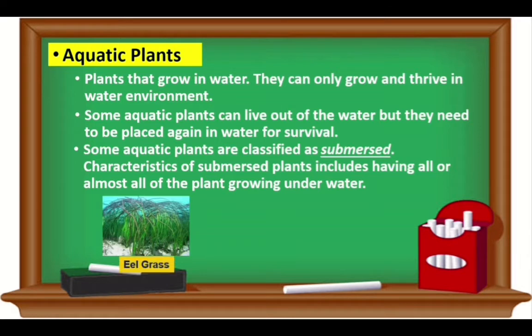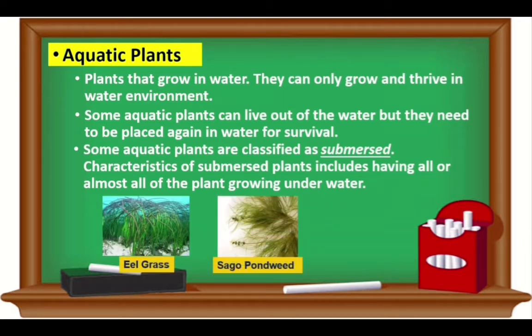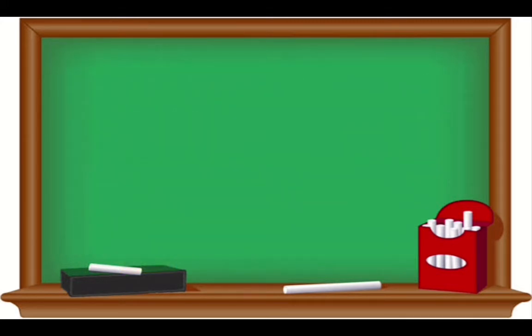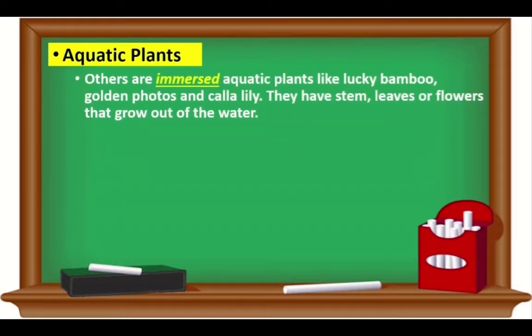For example, we have eelgrass. Next, we have sago pondweed. Next, we have water milfoils. Others are immersed aquatic plants like lucky bamboo, golden pothos, and calla lily.